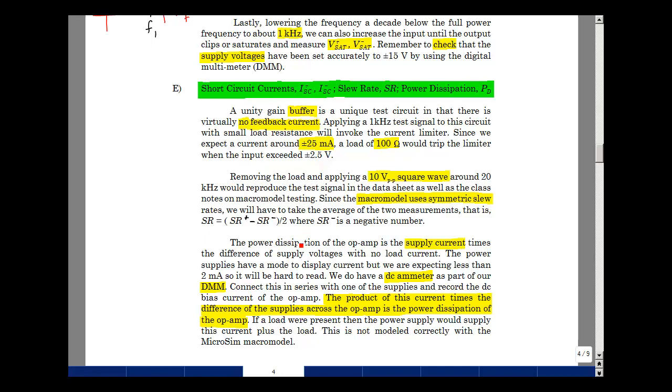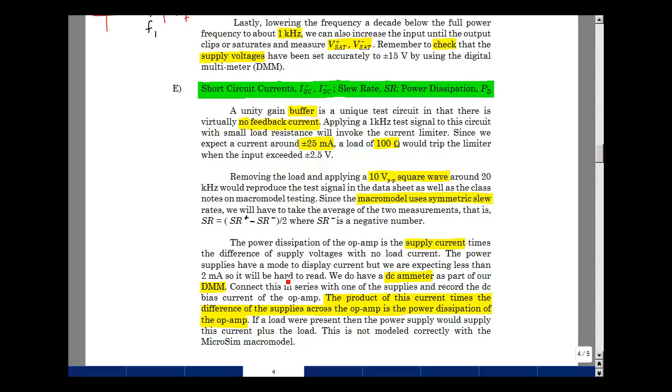Lastly, the power dissipation of an op-amp is the supply current times the difference of the power supply voltages when there's no load current. Now the power supplies have a mode where you can display the current that's coming out of them, but we're looking at something on the order of 2 milliamps or so. It'd be kind of hard to read. But we do have a DC ammeter in our digital multimeter, and so we're going to use that feature to measure the current that's going into or out of the power supply.